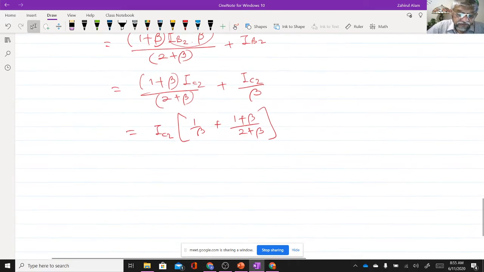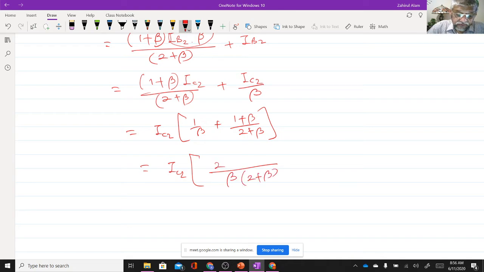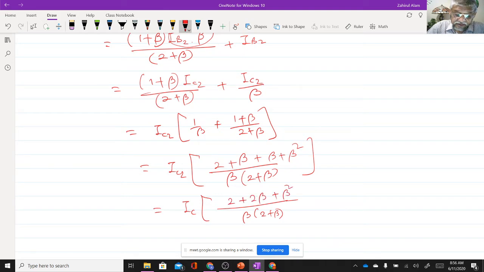So if we simplify, beta, 2 plus beta, 2 plus beta plus beta plus beta square. It is not necessary to simplify all the way. Then I can write 2 plus 2 beta plus beta square.